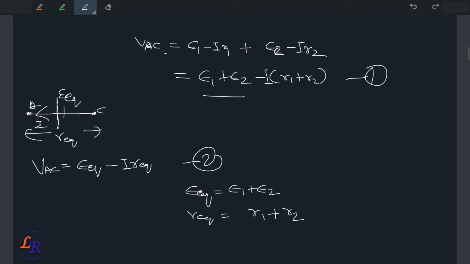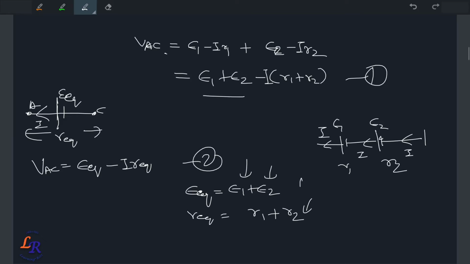So you can see that if the two cells are connected in series like this, with epsilon 1, epsilon 2, R1 and R2, and the current flowing like this, then you can add up the individual EMFs of the cells to find the equivalent EMF, and for internal resistance you can add up to get the equivalent resistance, right? And similarly you can have n cells like this, and you can extend it to so many cells.